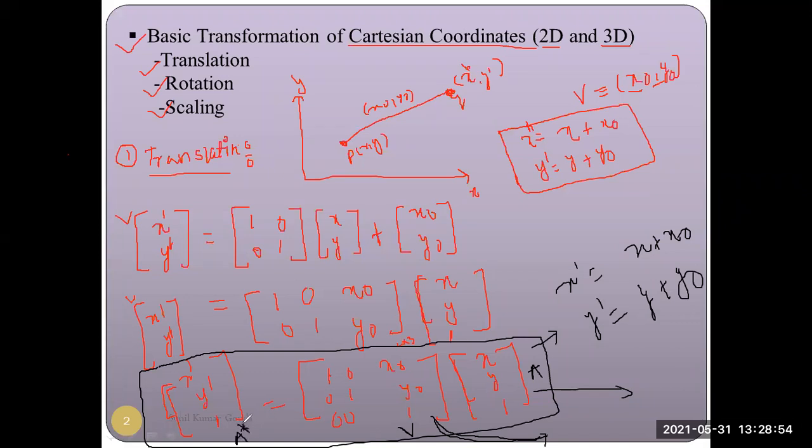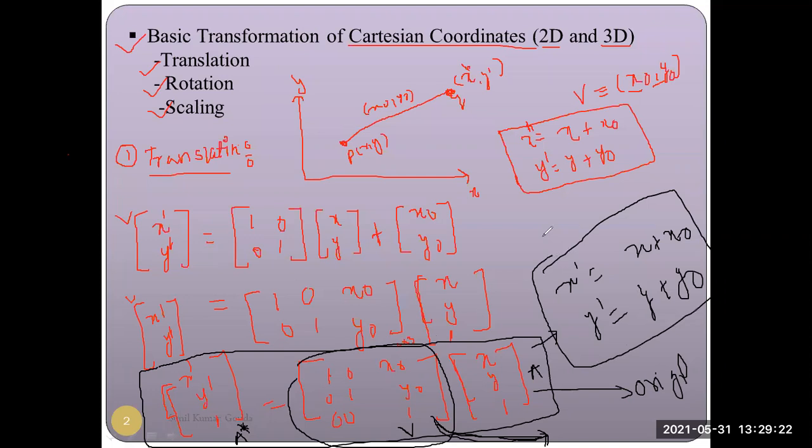Then the transform or new matrix will be nothing but your original matrix on original coordinate multiplied by the transform coordinate or translation matrix. So when it is multiplied with this, you will get exactly this point.